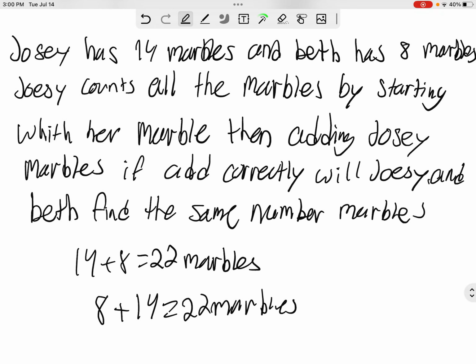This is a fancy way of saying the sum of two numbers is the same whichever order we add them in.